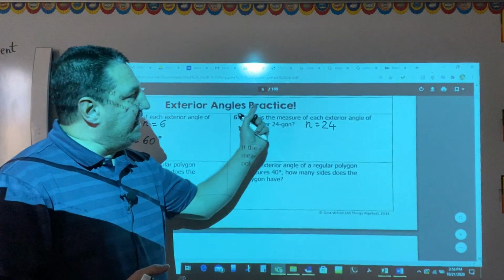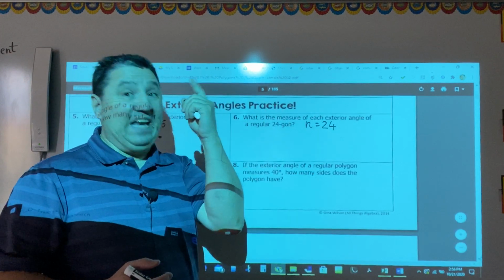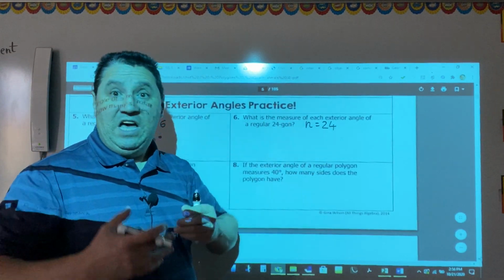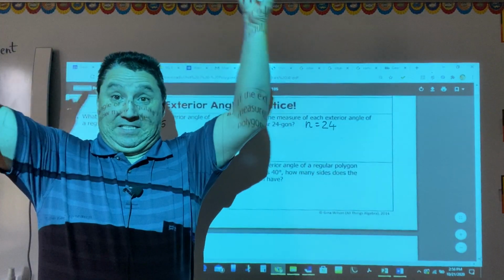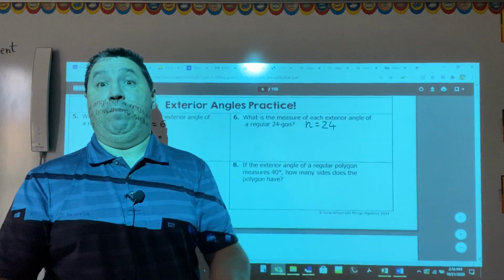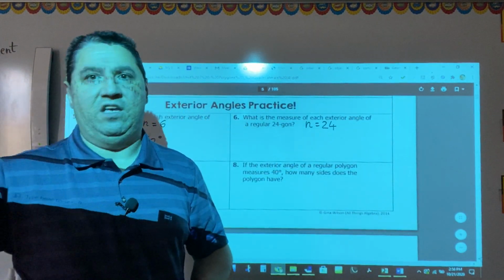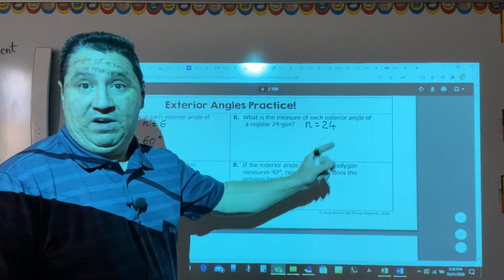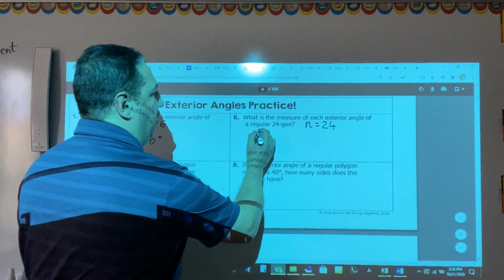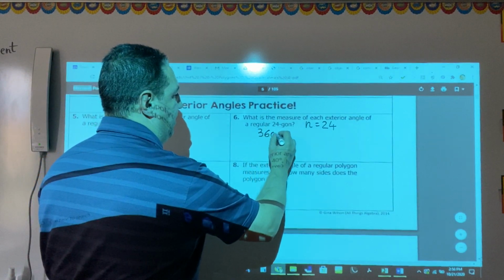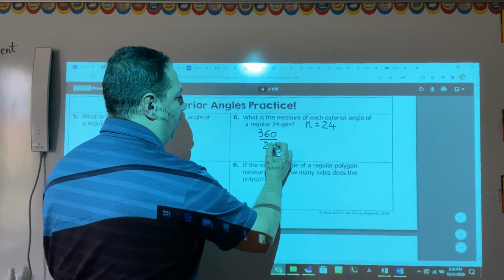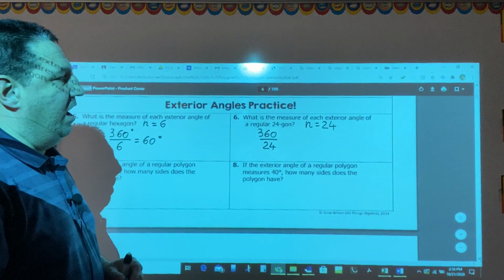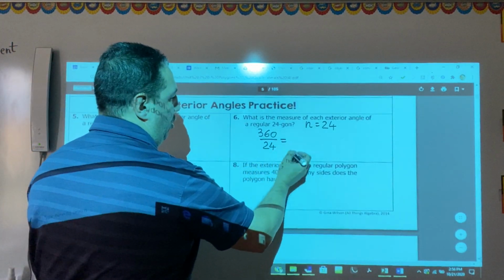Again, to find the measure of one exterior angle, we divide the sum of exterior angles of a polygon, which is 360 always, by the number of sides. Yes, so you're going to have 360 divided by 24.